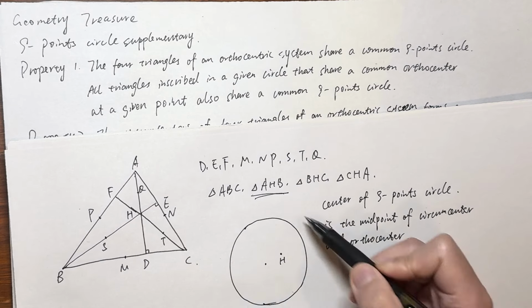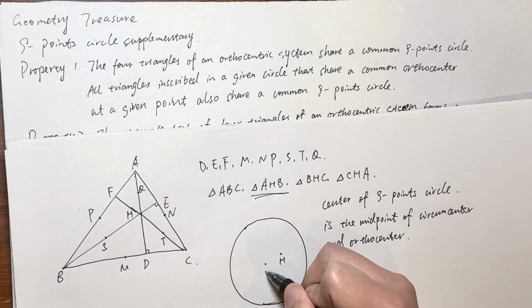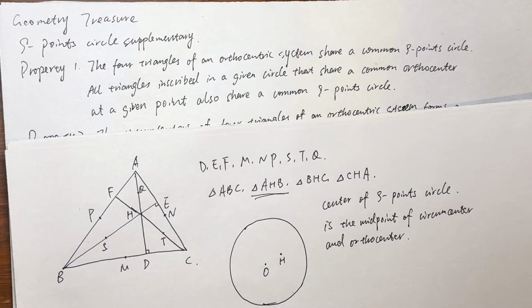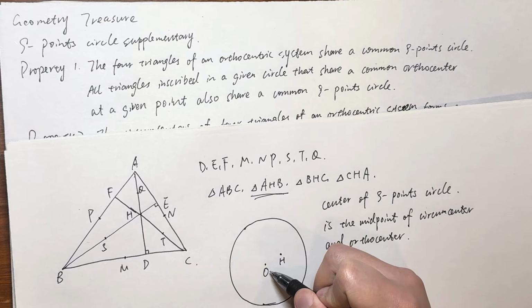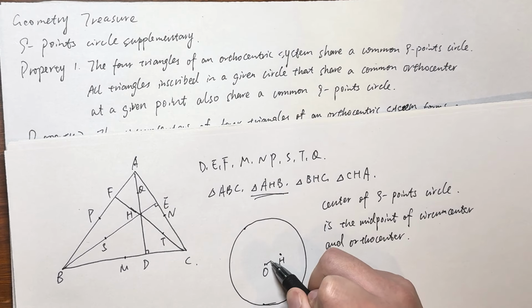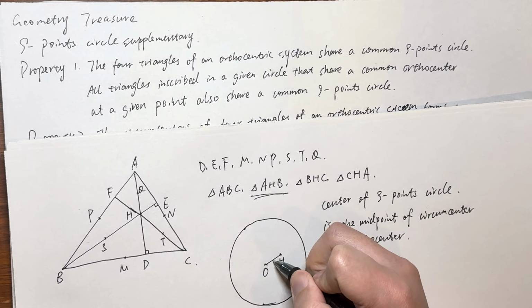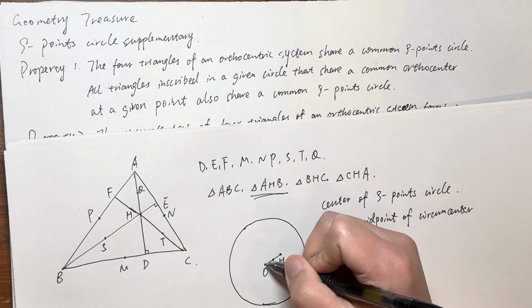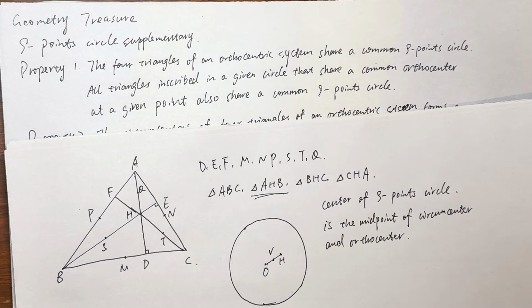We have a constant circle here. That means the circumcenter is constant. And we already fix another point as the orthocenter, which means we fix the circumcenter and orthocenter. Then we know that the center of the 9-point circle is the midpoint of these 2 points.